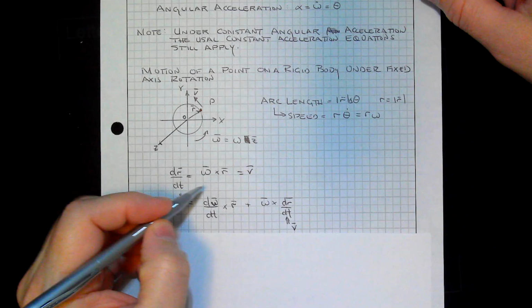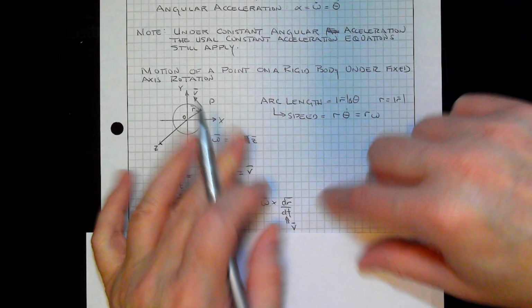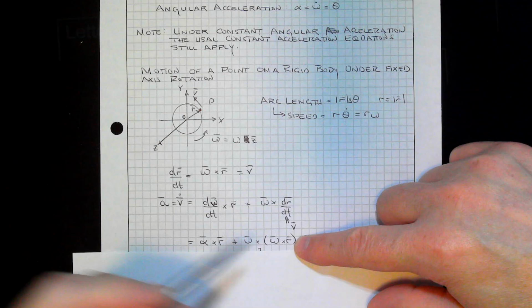Now, a key fact when we're talking about rigid body motion. Let's take a device here. We'll take my cell phone. It's fairly rigid, so we can model it as a rigid body. Right here's the camera.